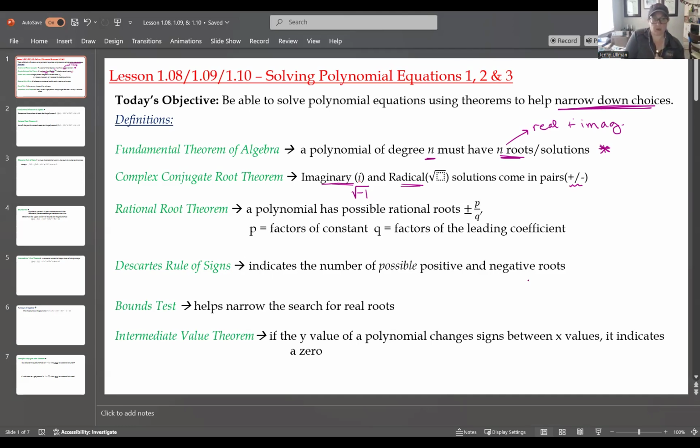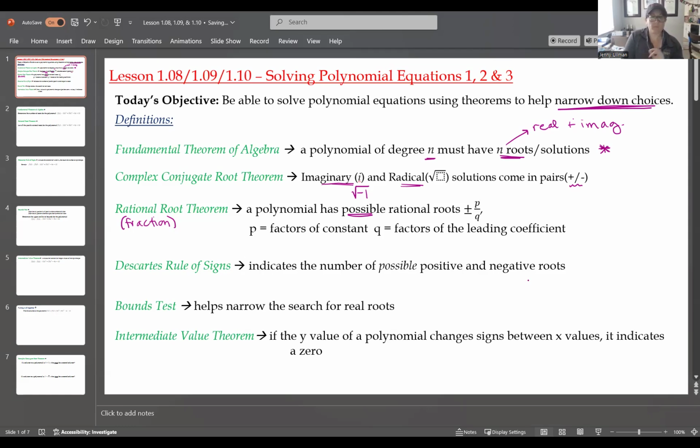So rational is anything that can be written as a fraction. So if one of your answers is a radical, it won't be here. If one of your answers is i, it won't be here. This is only going to give us possible rational roots.